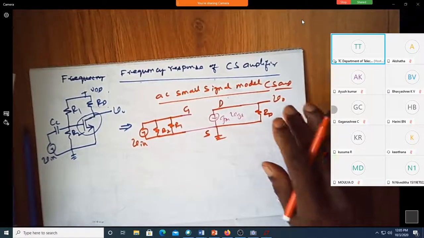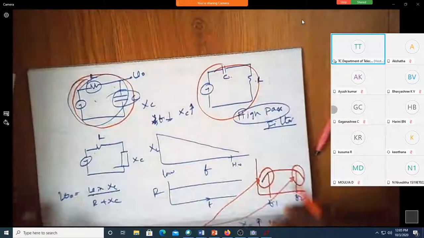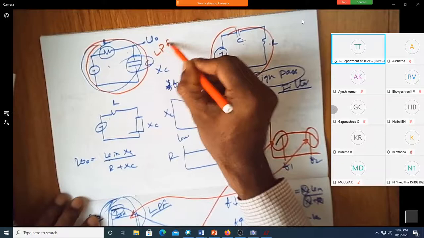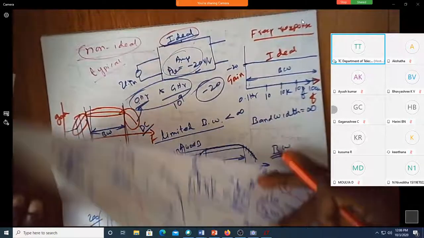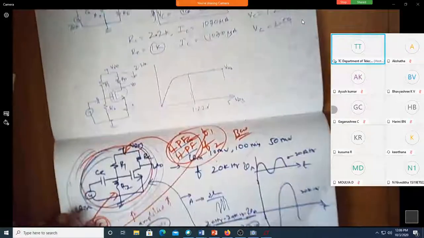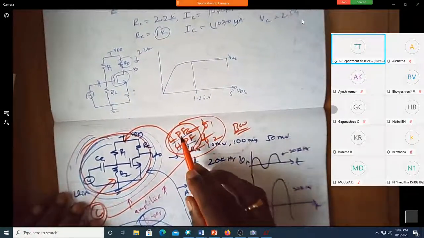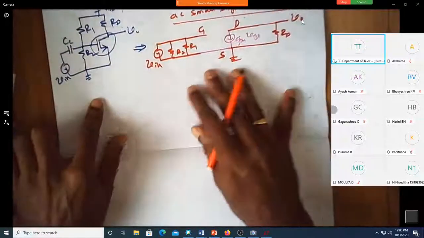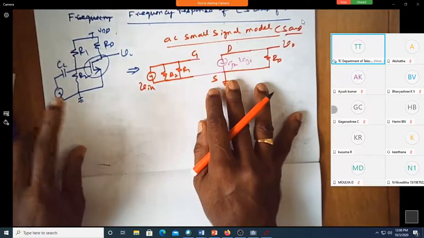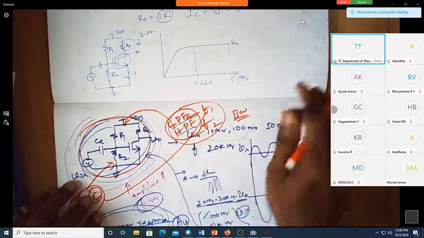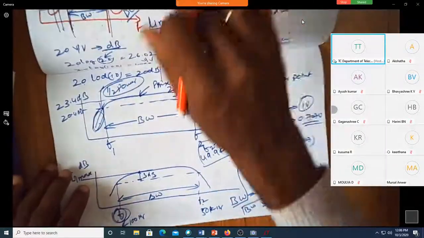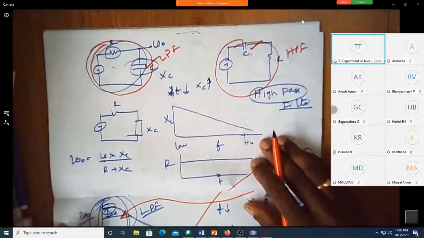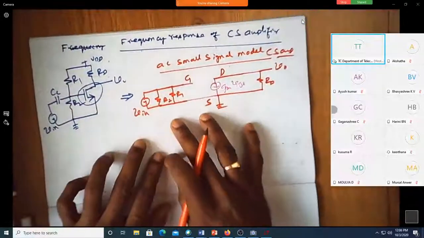But to find the frequency response, in the last class we were trying to realize the low pass filter and high pass filter in this amplifier. We want to find out this low pass filter and high pass filter in this circuit. In those filters there is a capacitor, one here and one more here, but in the equivalent circuit we don't find a single capacitor.